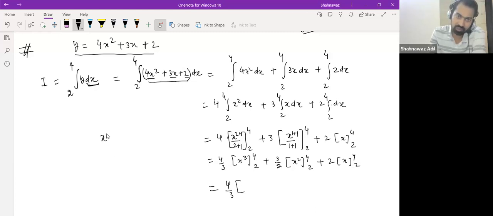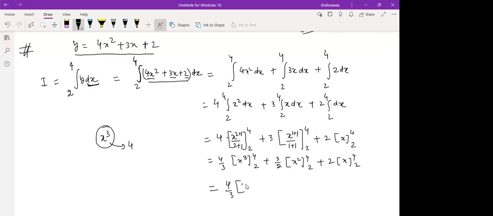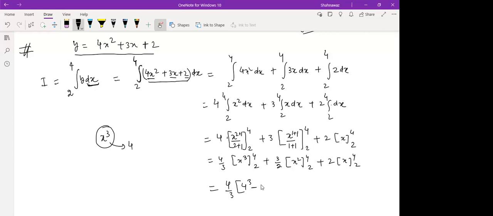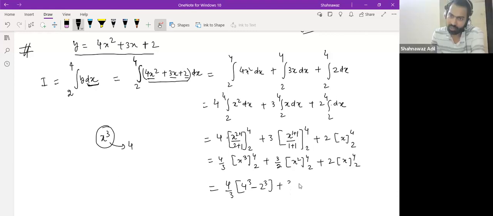The function is x cube, so 4 cube, and then minus the lower limit, 2 cube. Right. So this would be the answer, and 3 by 2, and Akib, what should be here?